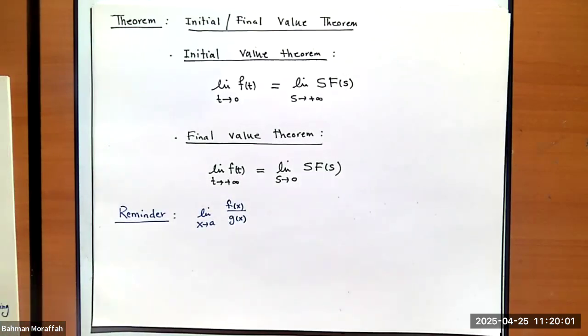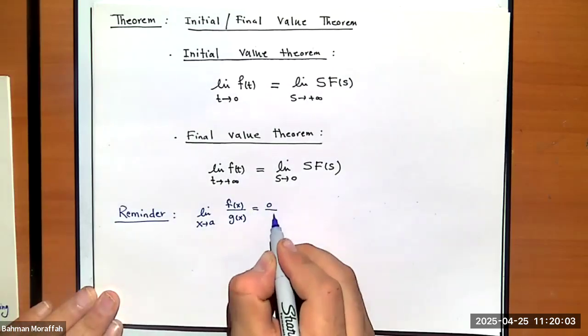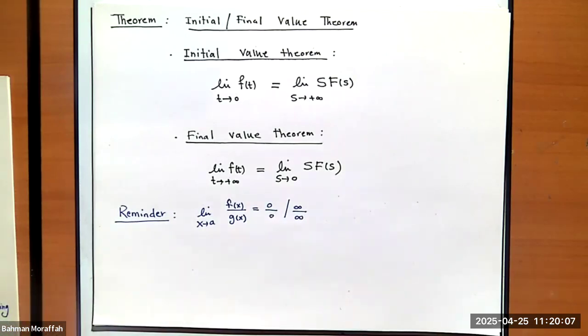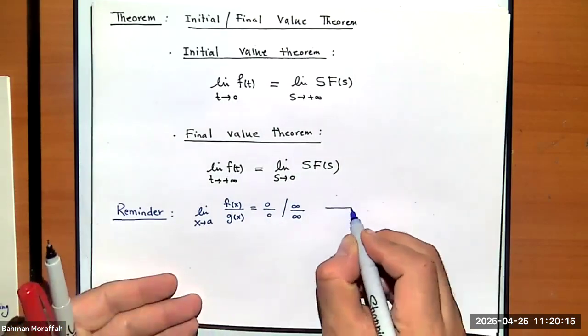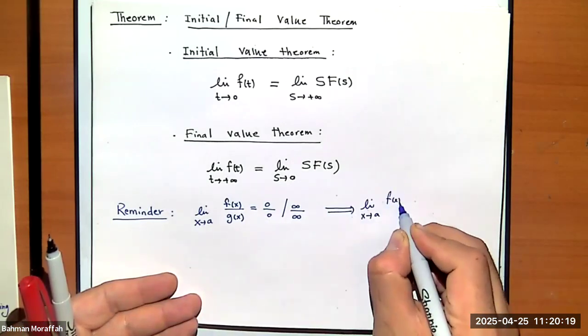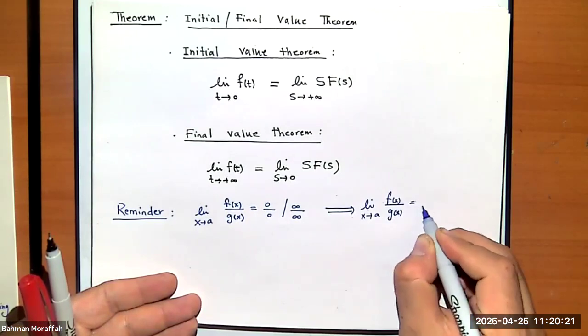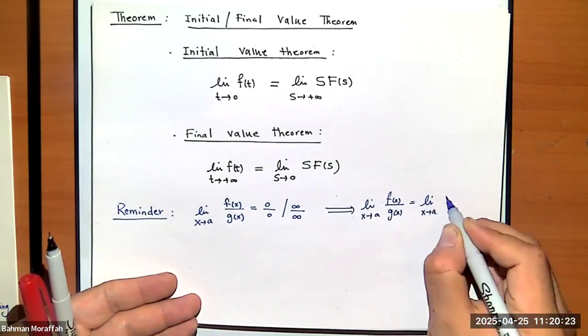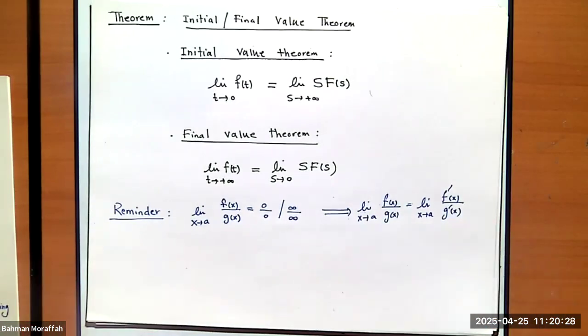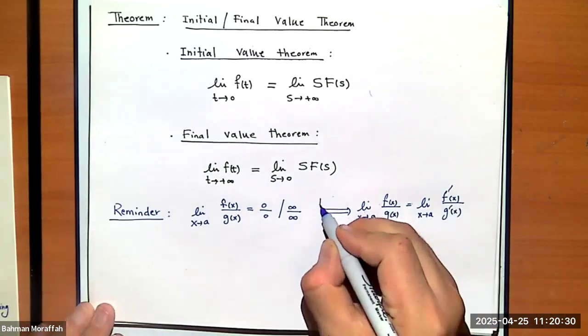If this limit is 0 over 0 or infinity over infinity, this is ambiguous. So we need to figure out a way to compute this limit. And it turns out we can compute it as the limit when x goes to a of f'(x) divided by g'(x). I'm going to call this L'Hopital's rule.